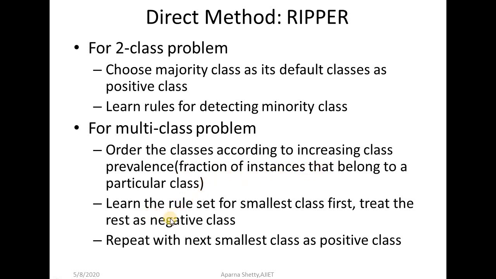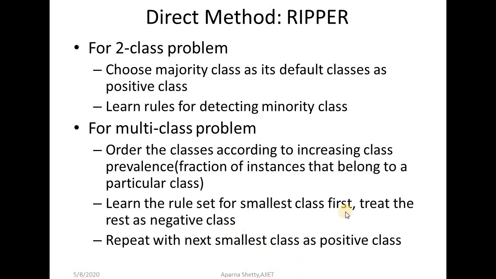Next, learn the rule set for the smallest class first and treat the rest as negative. So for the smallest class you will generate the rules, and you will treat the remaining classes as negative examples. Repeat this for the next smallest class as positive class.